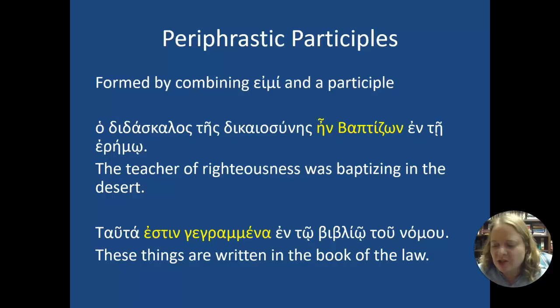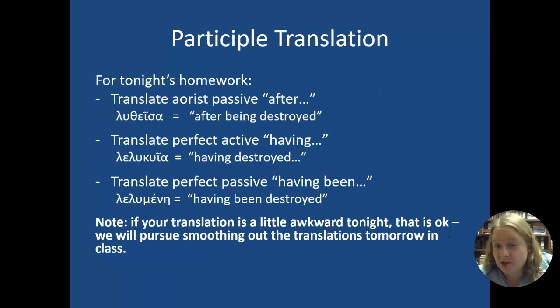So the two things in this chapter are recognizing participles that are either aorist passive with that big theta, or that are perfect with the doubling and the ka in the active and then just the doubling in the passive. And then following along with, I'll back up to this screen so you can see it. This is basically your rule of thumb tonight for homework.